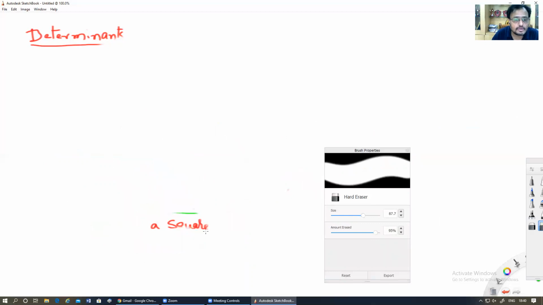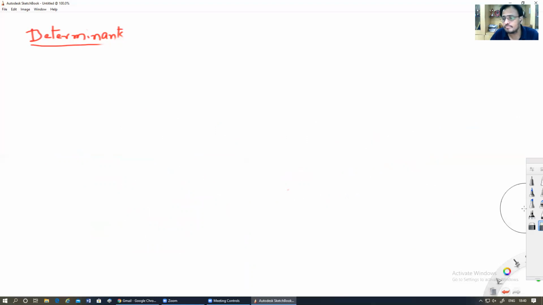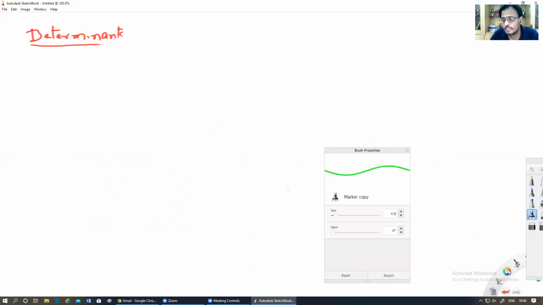Let me give you this example. Now once again, try to understand. Here I've given A as the second order matrix, that is 2, 3 and 1, 5.